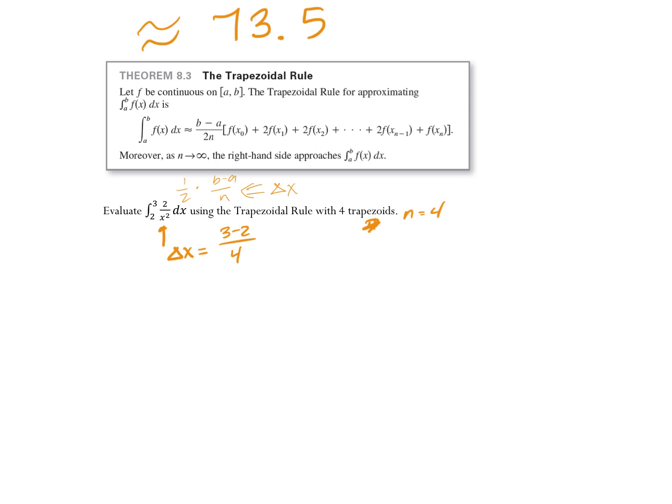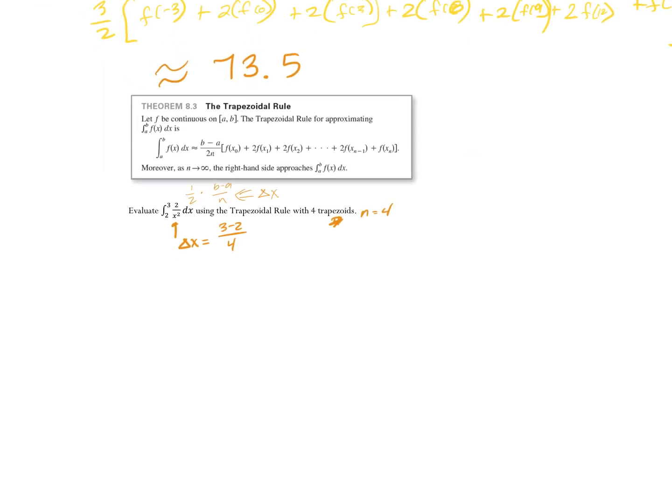So, to use the trapezoid rule, we're essentially going to do four trapezoids, starting with x0 and ending with x4. Okay? So that b minus a over n is going to end up being 0.25.